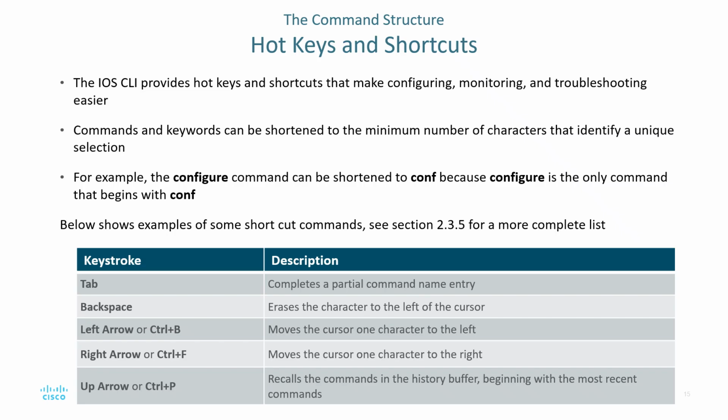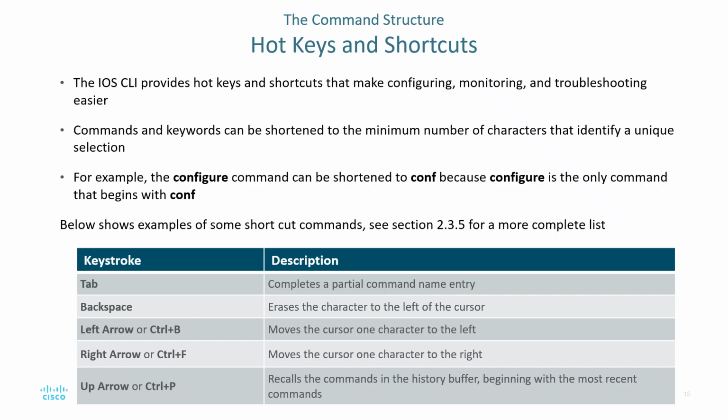You also want to get used to your hotkeys and shortcuts. Your tab key is going to complete a partial command name. So if in the correct command prompt you type in CONF and hit your tab key, it will complete it, and you will see the word configure. Do understand when you're using your tab key, you need to be in the correct mode in order to have it happen.